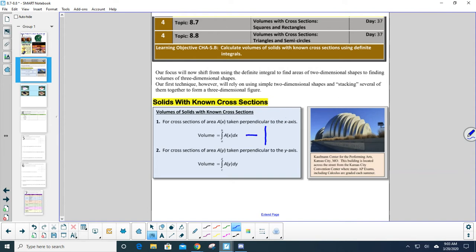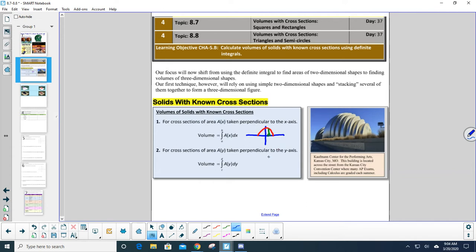If I have cross sections taken perpendicular to the x-axis, so this way, like say I had a shape like that. If I'm going perpendicular to the x-axis, there I am perpendicular to the x-axis, you know what perpendicular means. We're going to use this.